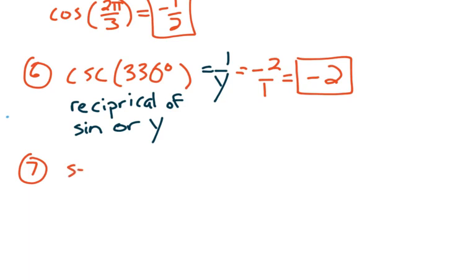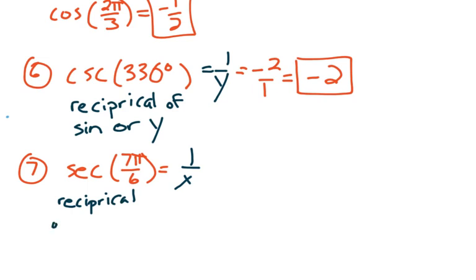Seven. Let's do secant of 7 pi over 6. So secant, again, we said this is 1 over x, or it's the reciprocal of cosine, which is the x value. So we're going to find the x value and then flip it instead of using this 1 over x formula.